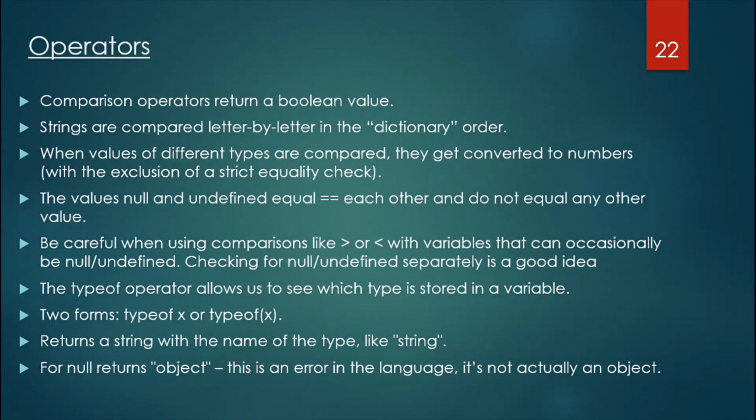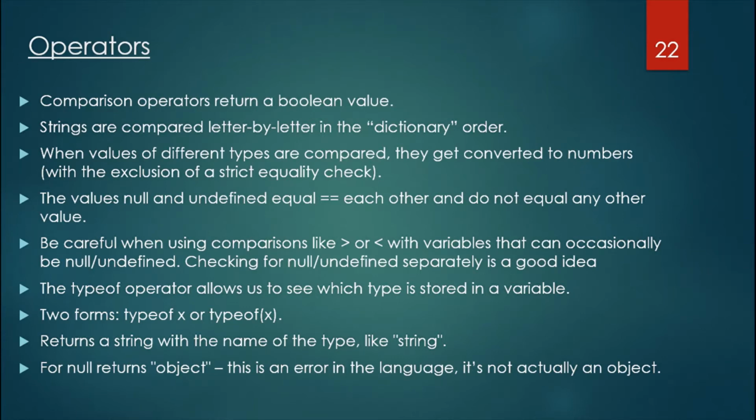Before checking how we can do it practically, I'll give some key points for comparison operators. Comparison operators return a boolean value. We just saw that it's true or false. Strings are compared letter by letter in dictionary order, like ABCD order.